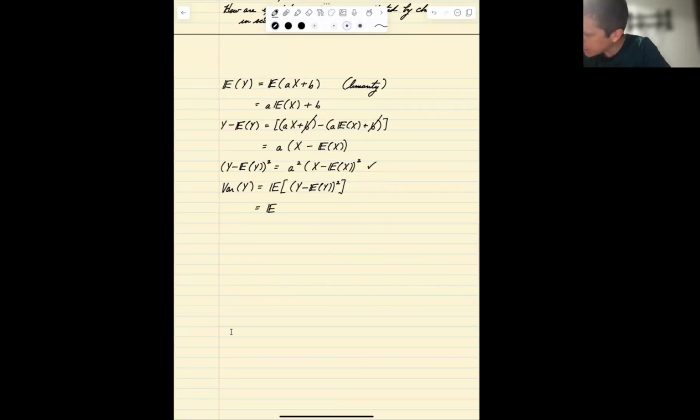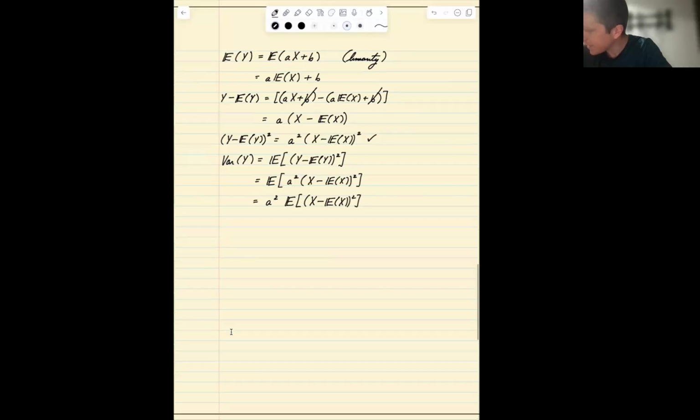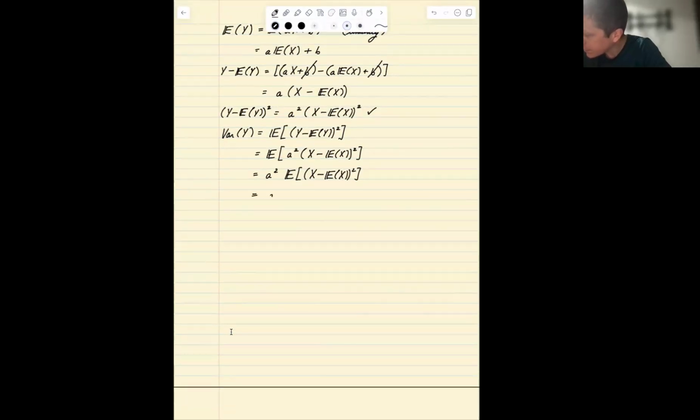This is the expectation, in terms of X, of a squared times X minus the expectation of X, squared. Again, by the properties of expectation, if we have a constant, we can pull it out. And here we have a scalar, which is a squared, times the expectation of X minus the expectation of X, squared. But that's just the variance of X. A squared times the variance of X.